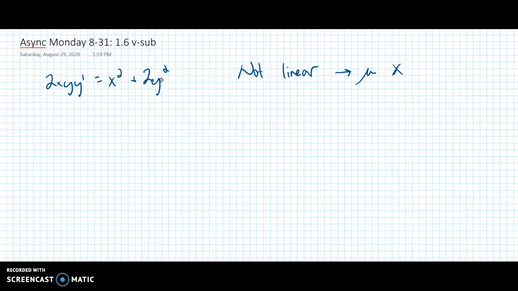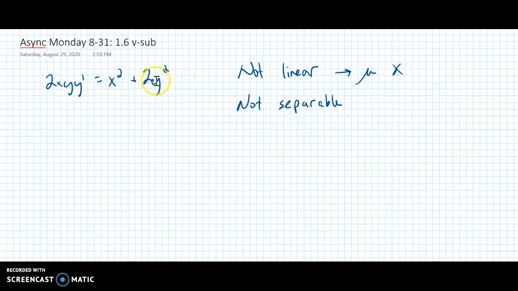So can I use separation of variables? Well, it's not separable. You could try all you want. The fundamental problem is that there's a plus sign holding these two terms together, and then there's a multiplication here holding these together. You could factor stuff out, but you would just go in circles trying to separate y's on one side and x's on the other.